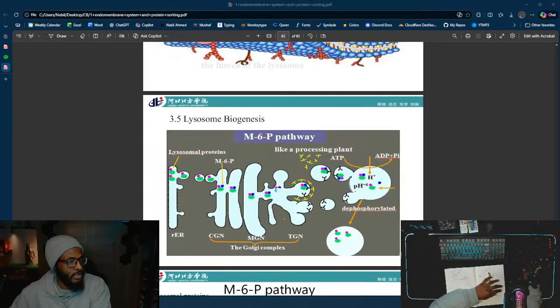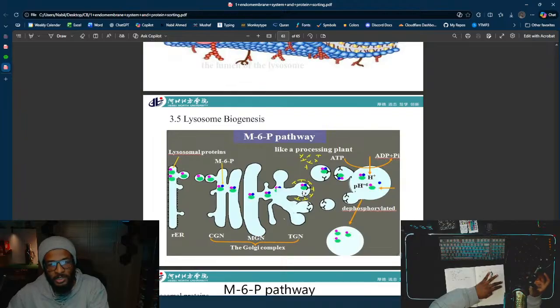In the trans Golgi, the enzymes get attached to the receptor, and then the receptor causes receptor-mediated endocytosis, which is kind of similar to endocytosis, and then it forms a vesicle, and this vesicle goes to the lysosome.